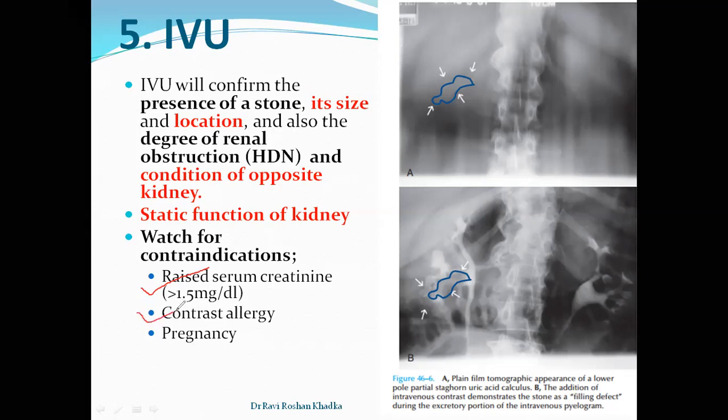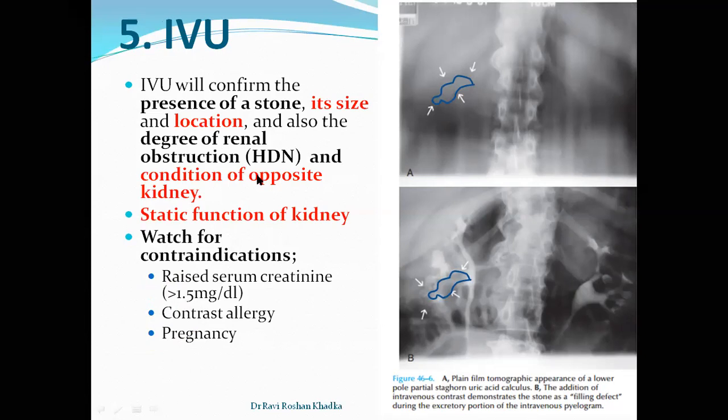Whenever the patient has a history of contrast allergy, we don't use the contrast, because it may lead to a severe anaphylactic shock during the procedure. And obviously, pregnancy is contraindicated because during IVU we take multiple images, and that adds to the radiation hazard to the fetus. That's why we don't do that.